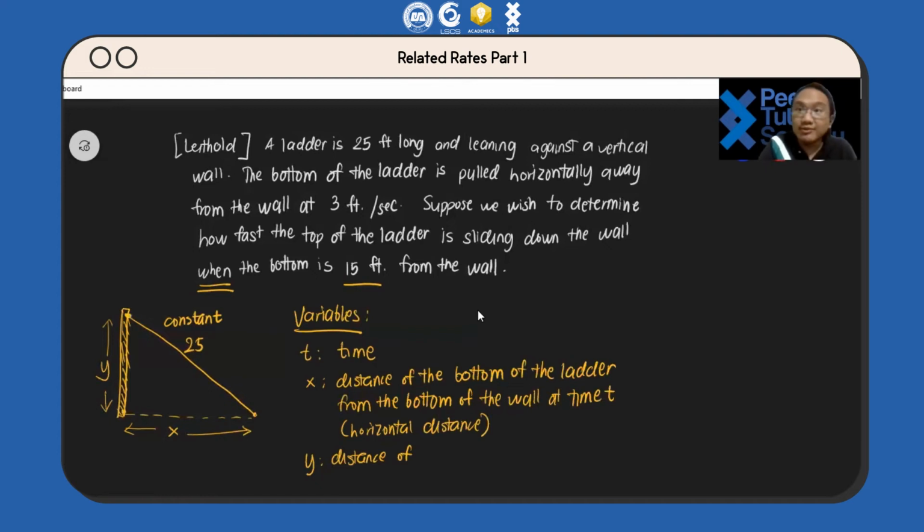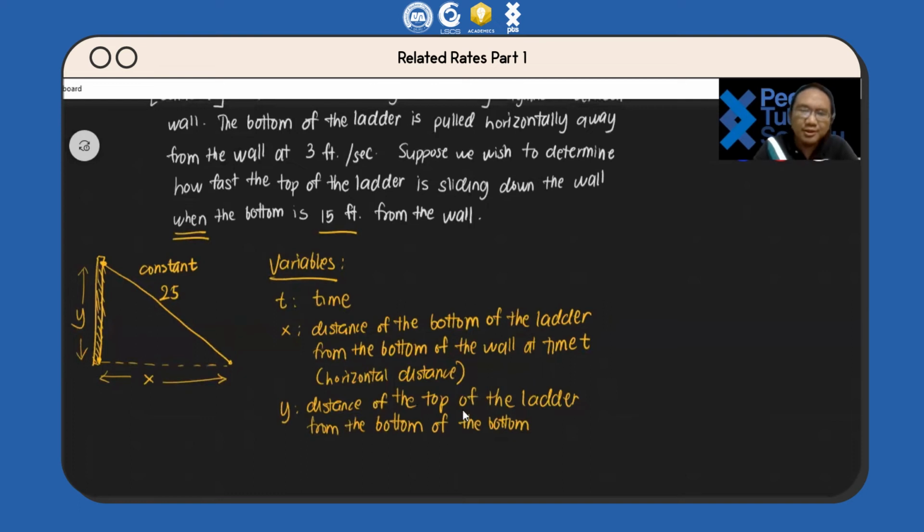This is the top of the ladder. Distance of the top of the ladder from here, from the bottom of the wall at time t. So this one is a vertical distance.